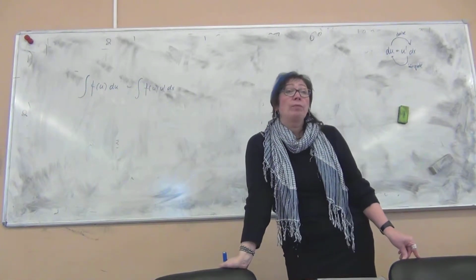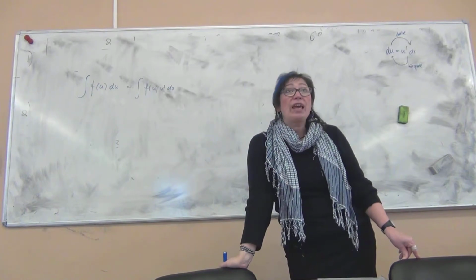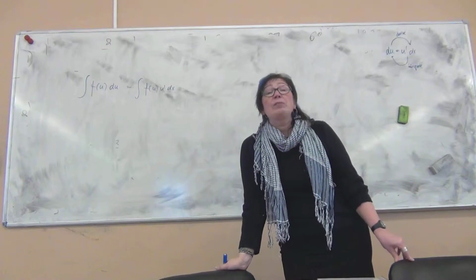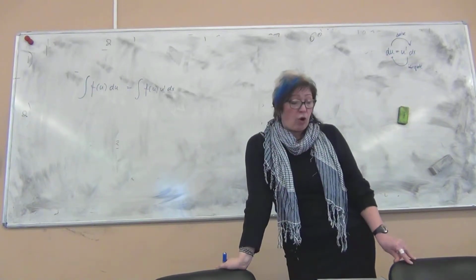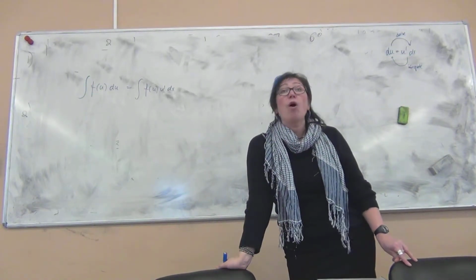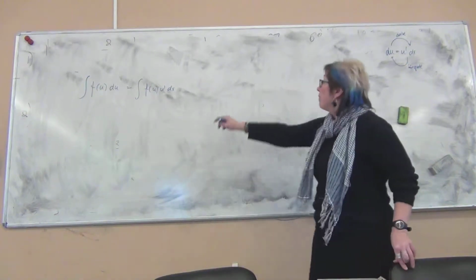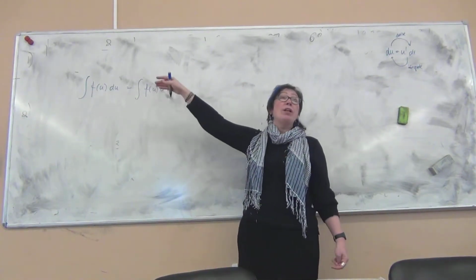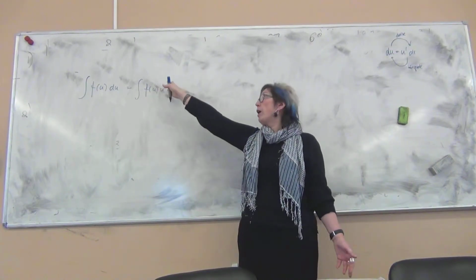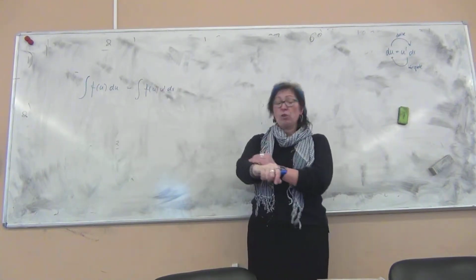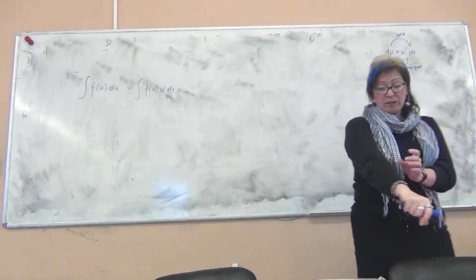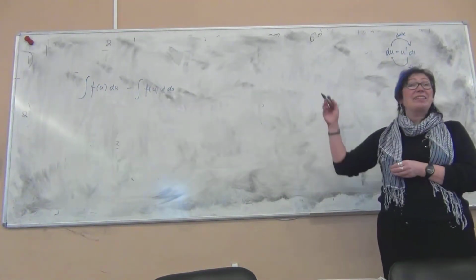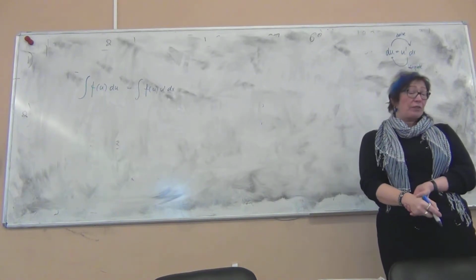Sometimes, though, we don't see the derivative of an internal function anywhere. Sometimes the situation looks more complicated. It's not so obvious. If this is obvious to the accuracy of a constant factor, then it's simple to do like this.